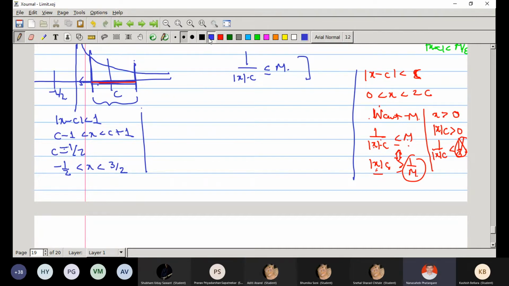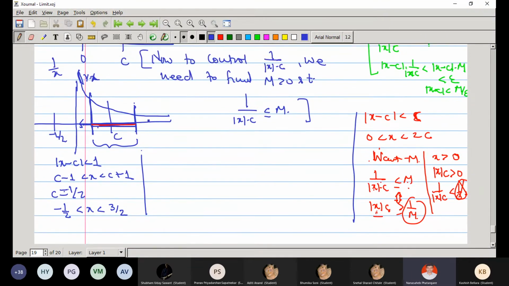Do you realize the problem? And what makes the problem? Observe what creates the problem. It is 0.